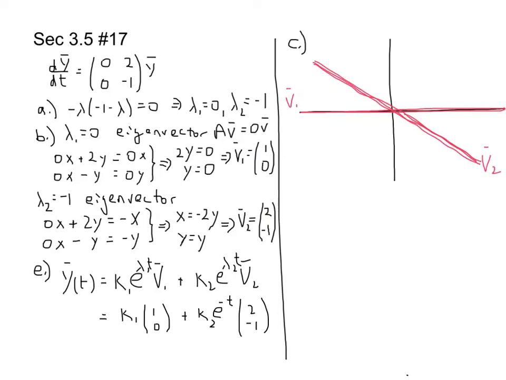What's important to note is that in the situations where k2 would be 0, k1 is a non-zero constant that places us anywhere along the x-axis. If k1 is a 1, it puts us here. If k1 is a 2, it puts us here. 3, 4. So we can move all along this axis. This expression is independent of time.